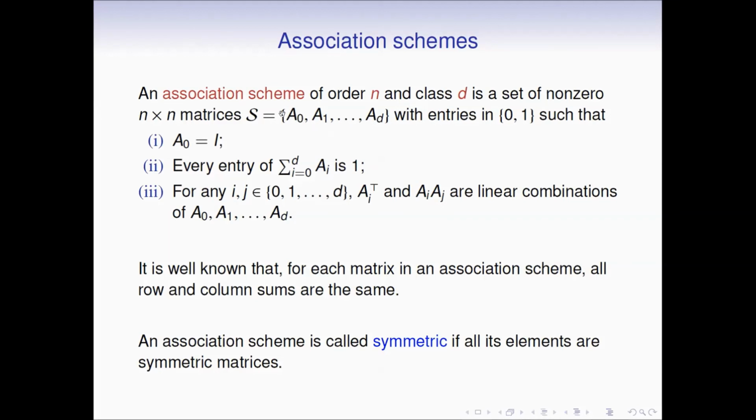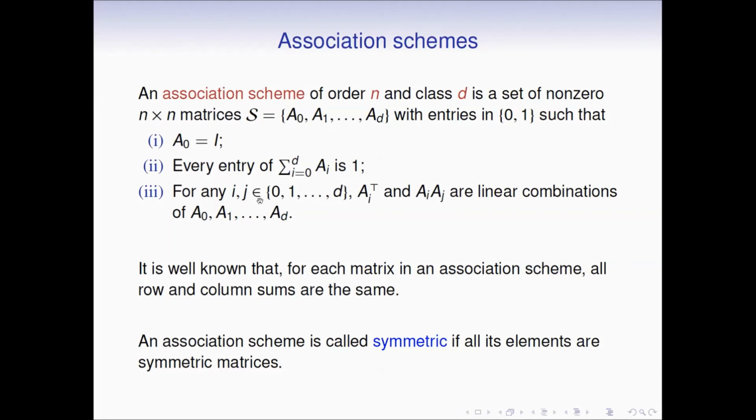The first one is identity. These are n by n matrices. Entries are 0 or 1. And the sum of all matrices is just J, the all 1 matrix.